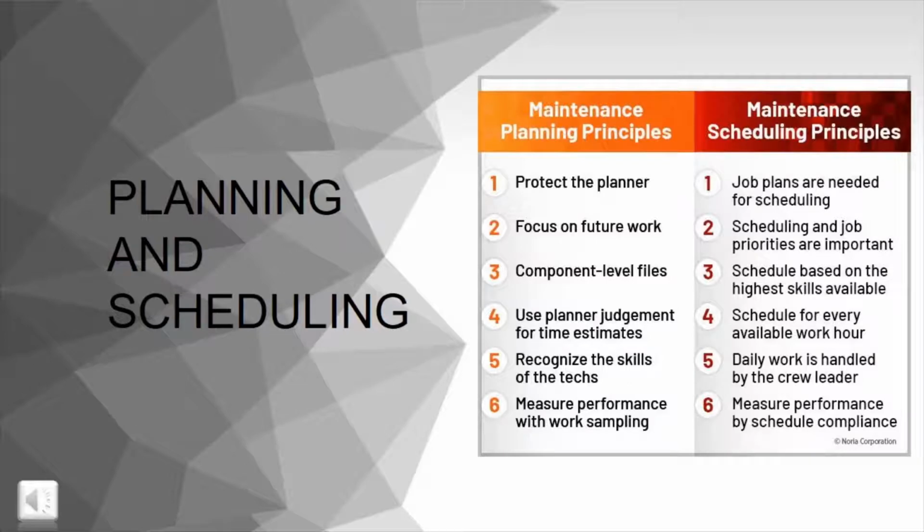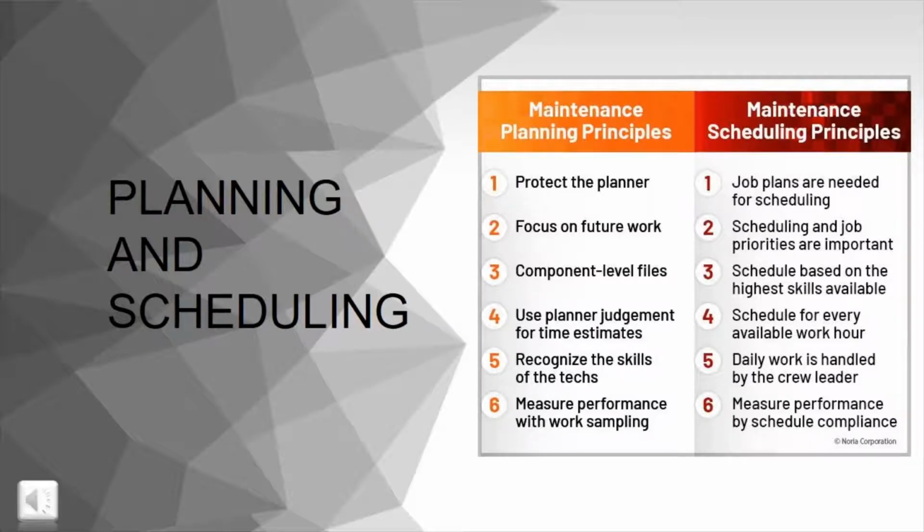Number 4, schedule for every available work hour, bringing the previous principle together. This guideline details how much work to schedule. The scheduler should assign work plans for the technicians to complete during the following week for 100% of forecasted hours.